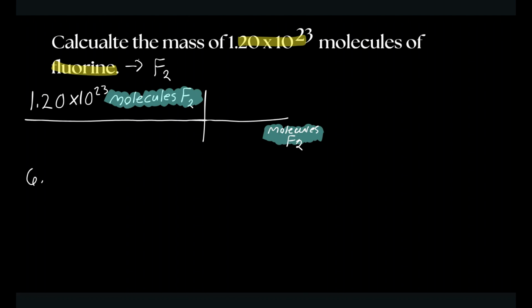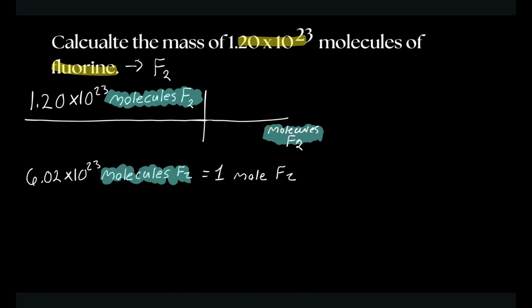So that's 6.02 times 10 to the 23rd molecules of our F2 equal to our 1 mole of our F2. We have the molecules of our F2 on the bottom at 6.02 times 10 to the 23rd. And that's going to be equal to that mole of our F2, which is going to go on top.